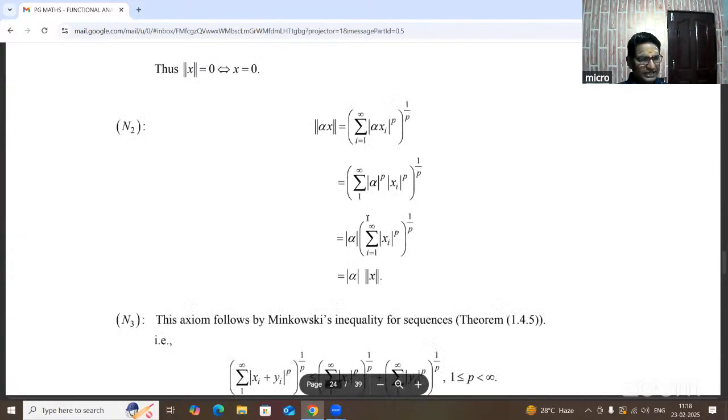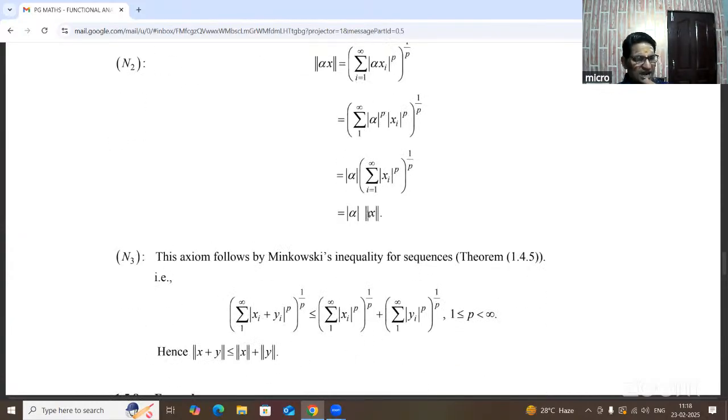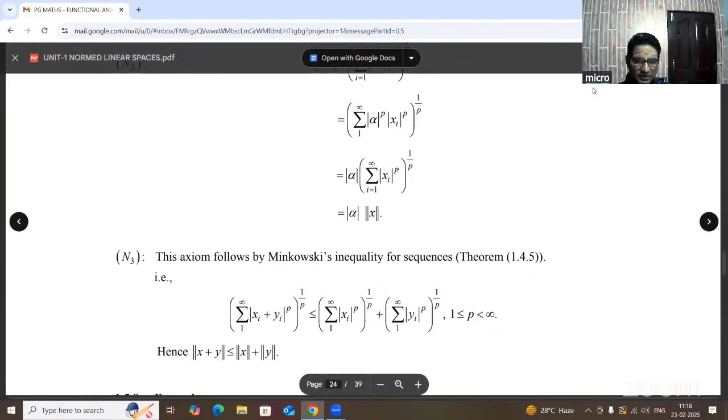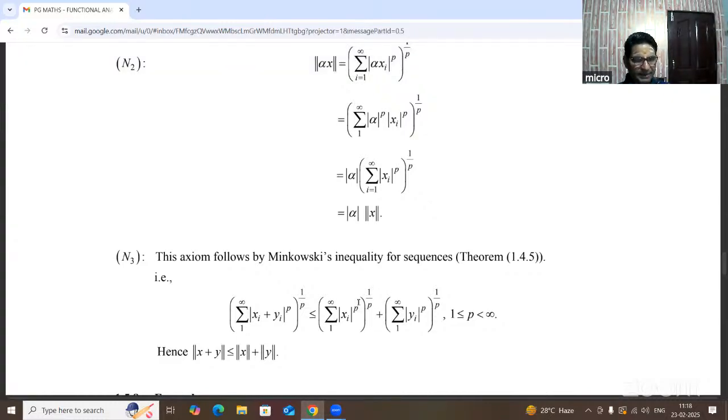In the same manner the N2 condition, and from the Minkowski inequality for sequences we apply the N3 condition: summation mod xi plus yi whole power p, whole power 1 by p, is less than or equal to summation mod xi whole power p, whole power 1 by p, plus summation mod yi whole power p, whole power 1 by p. So p lies between 1 and infinity. From the inequality, norm x plus y is less than or equal to norm x plus norm y.